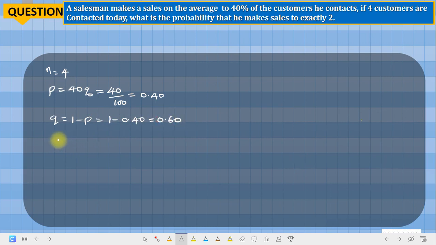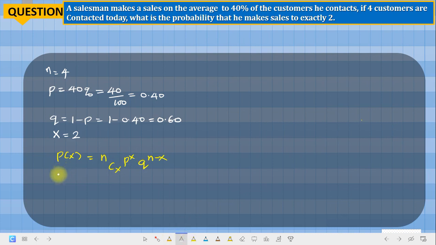Now, they say, what is the probability that he makes sales to exactly 2? So the event that is likely to happen now is 2, our x. So bringing out our formula again. The formula is P of x, the probability of x, equals n combination x, p raised to the power of x, q raised to the power of n minus x.